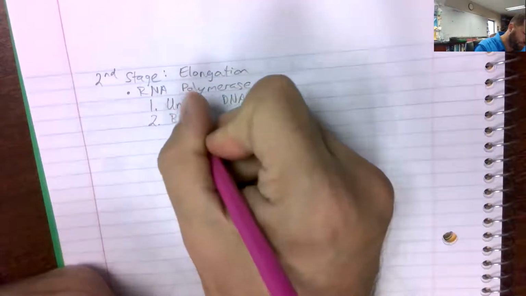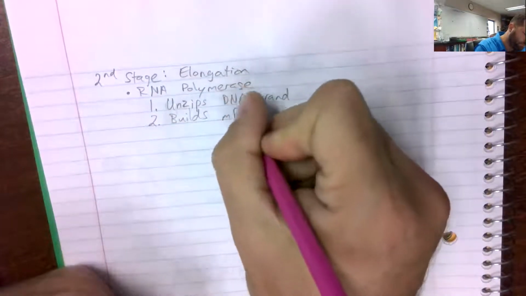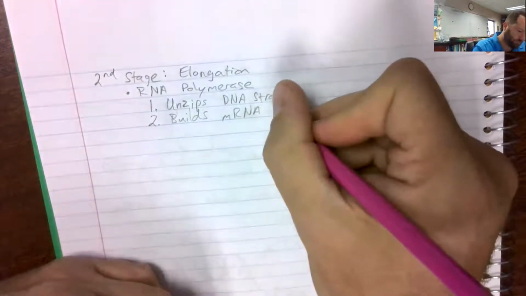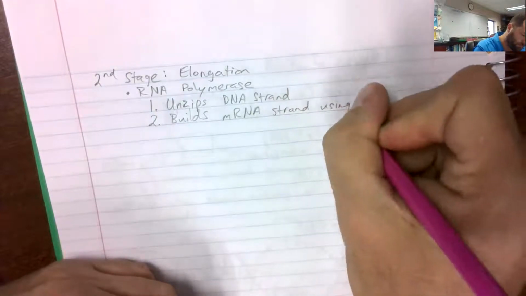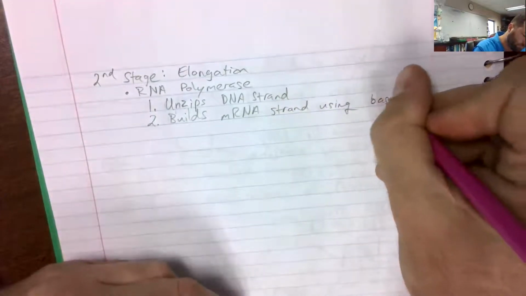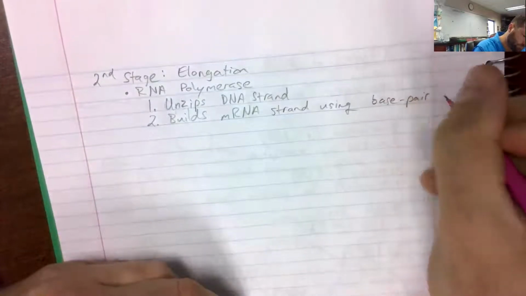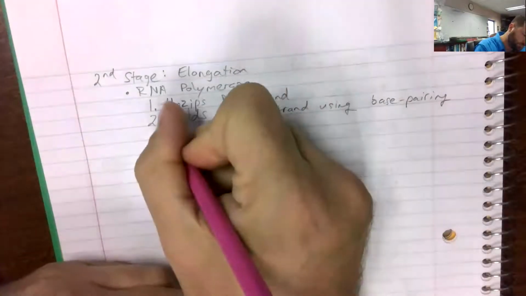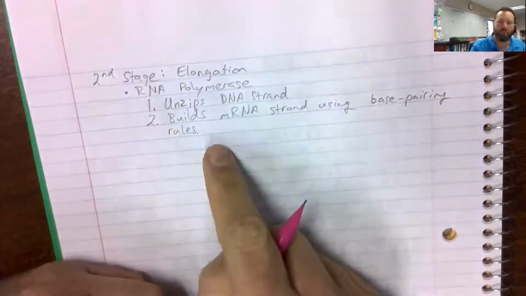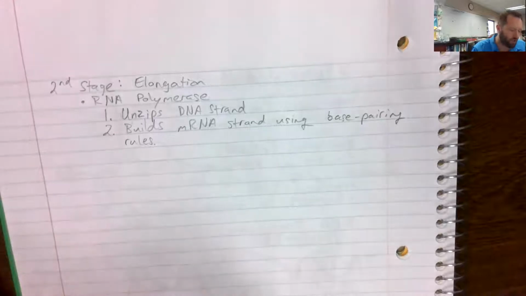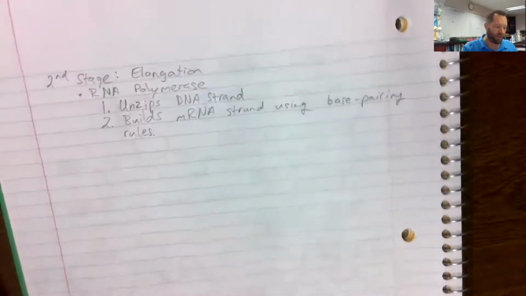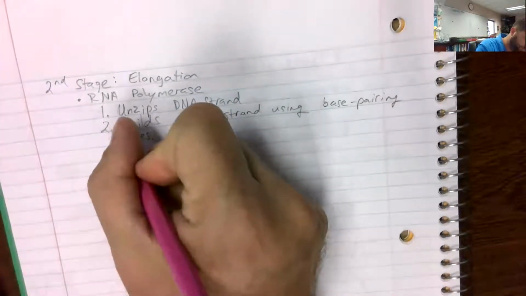Second, he builds an mRNA strand using the base pairing rules, which we just talked about and you guys are familiar with. Kind of a side note then.